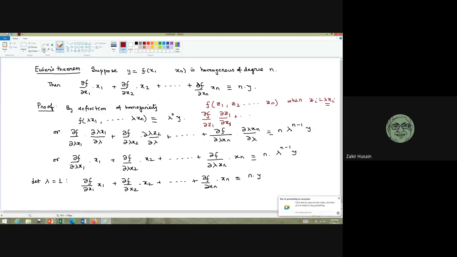Sorry, one mistake was made. Okay? So lambda changes. When lambda changes, z1 will change. This will lead to a change in f. Okay, sir.